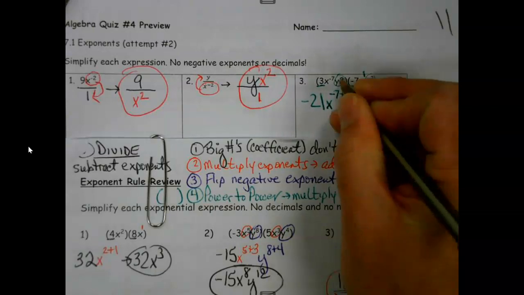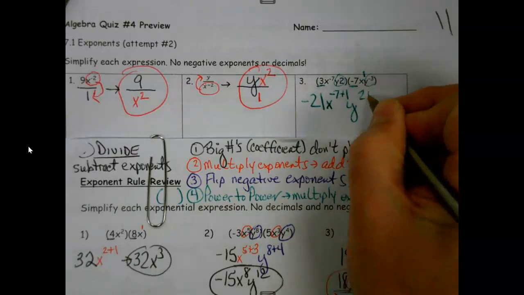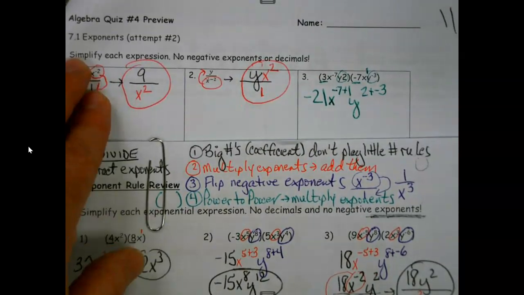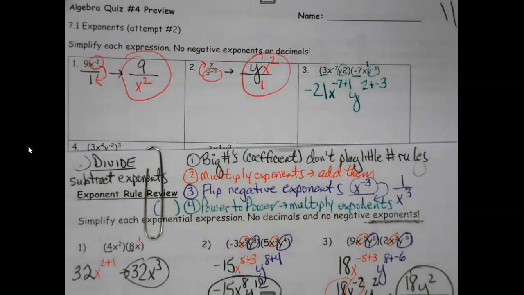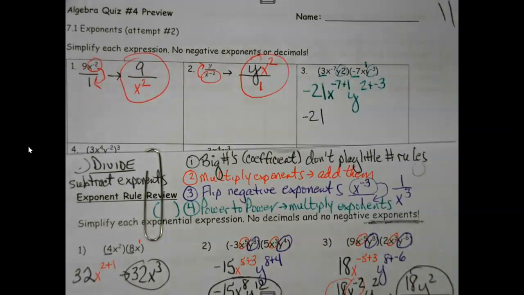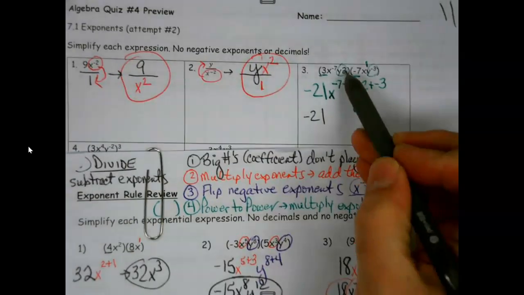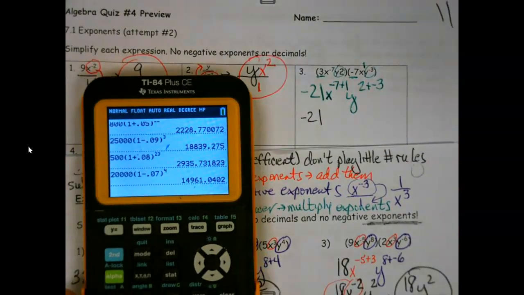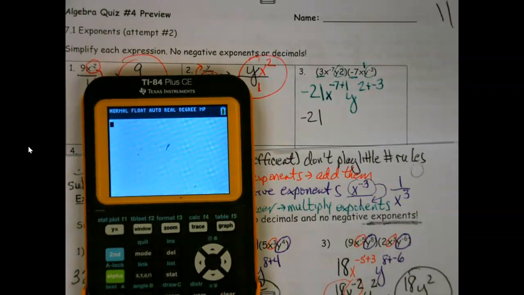I'm going to take my y's, and I'm going to add my exponents. I'm going to show a little more work here than we normally would. So negative 21. Yeah, that 2 was supposed to be an exponent. It got big all of a sudden. That can mess with things. I agree.